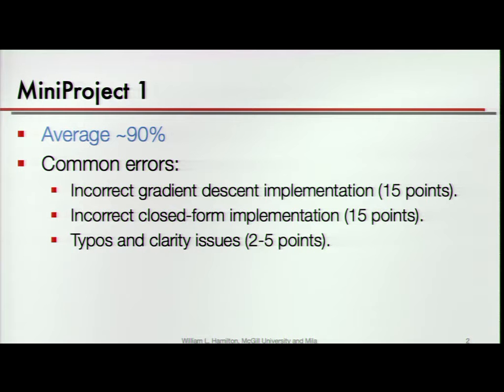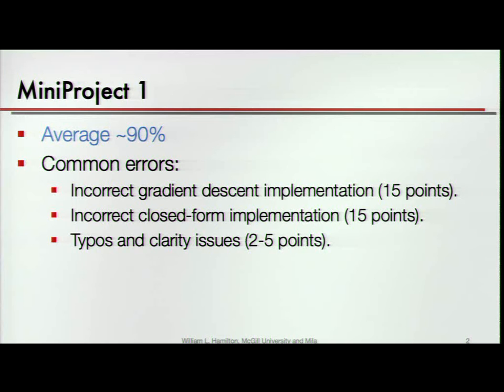But I want to emphasize that when we move on to Mini Project 2, there is no longer a big correctness component, because your performance on the Kaggle competition is the proxy for how well your method is doing. So do well in the Kaggle competition, and you will do well on that part of the assignment.